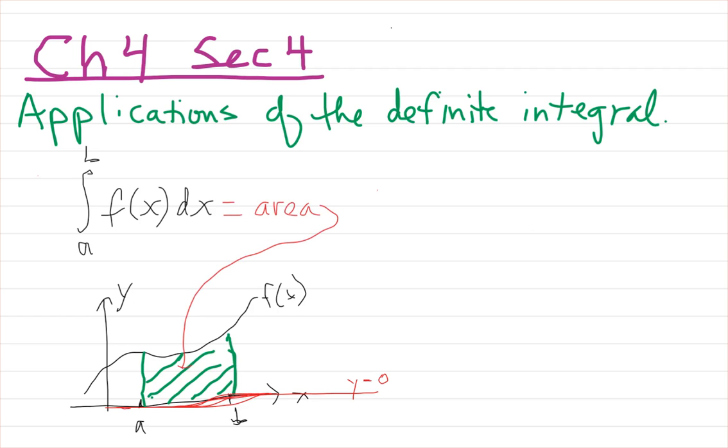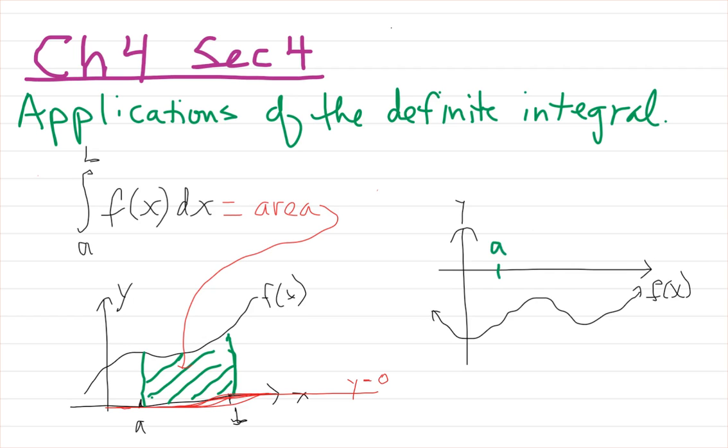Okay? Now, the other option we have is, here's y, and here's x, and we have some function that does something like that, right? So here's f of x, here's a, and here's b.